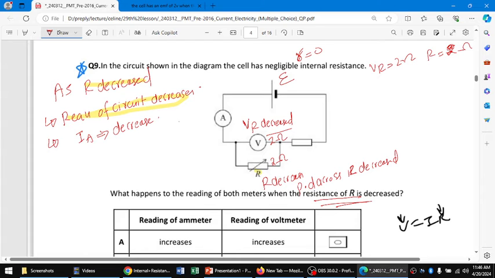Suppose this external resistance is decreased to 1 ohm. What is the equivalent resistance between these two?